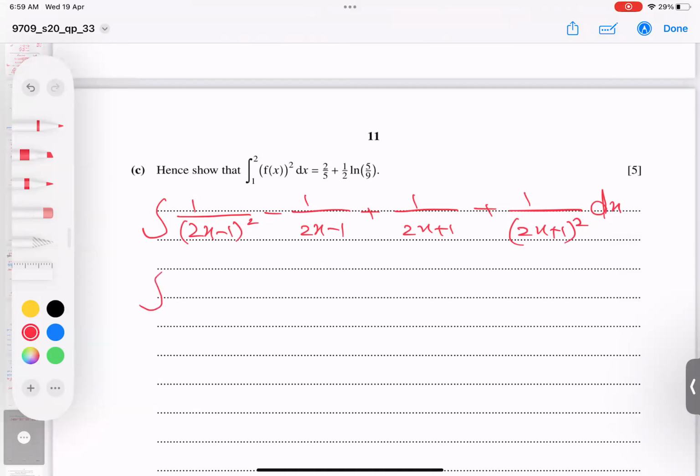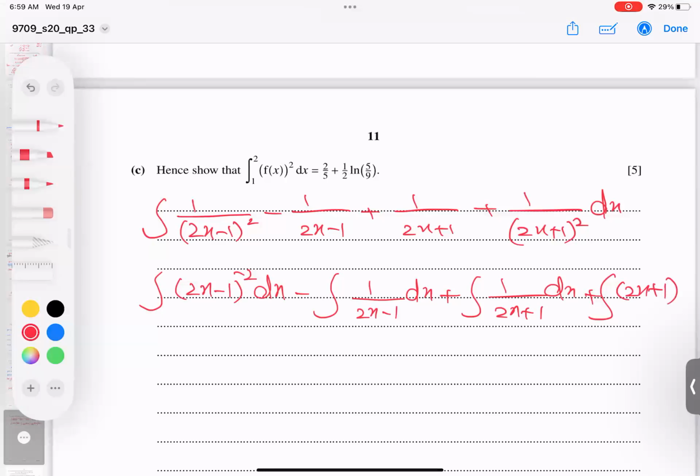I will split them. First, negative 2 dx. Then I write this separately, 2x minus 1 dx. Then this one separately, 2x plus 1 dx. Then the last one, (2x plus 1) to power negative 2 dx. In this way, the question will become easy.